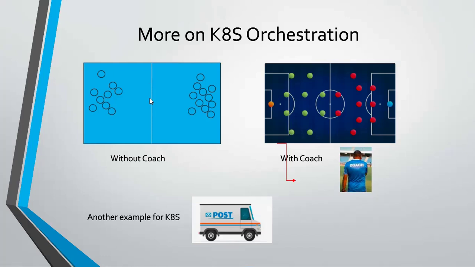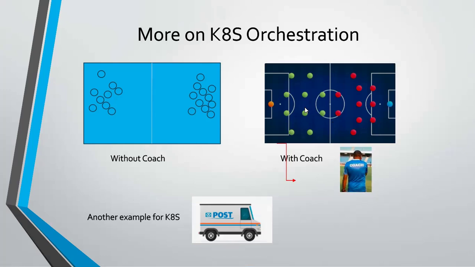The best example is to consider the example of playing football. If there is a coach for football, all the players will be well organized and well planned, and the coach will have the rules and regulations that each player has to follow, and it will go properly.